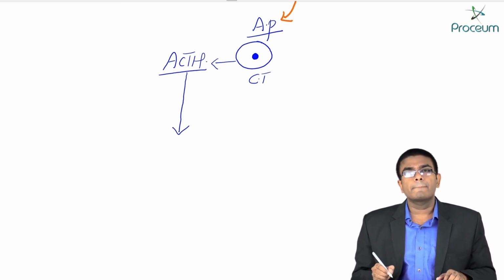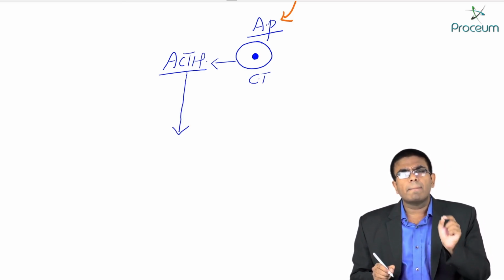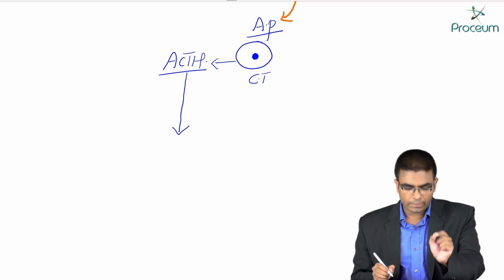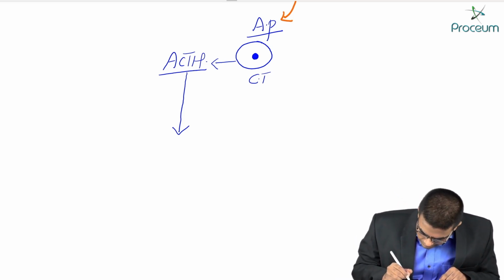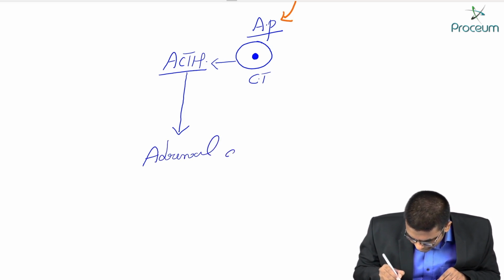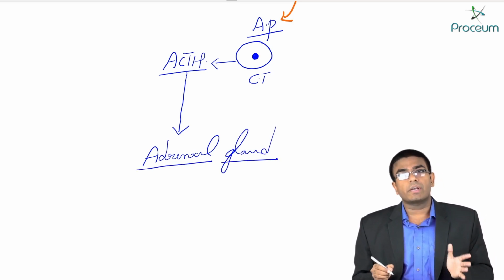Remember this adrenocorticotropic hormone is going to act on the adrenal gland. Here itself, let me be very clear, the main function of this ACTH is the production of cortisol. Now this ACTH will act on the adrenal gland, and the adrenal gland will make the steroids.